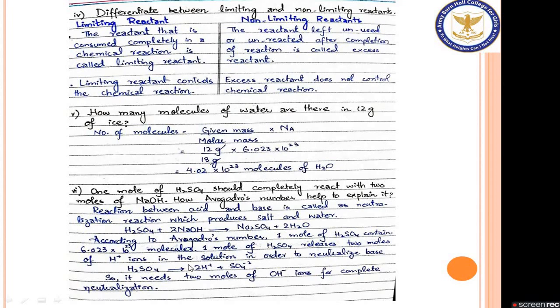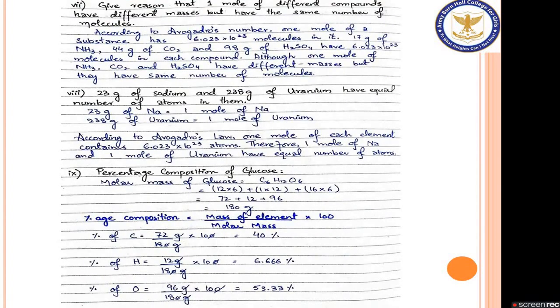So in order to neutralize these 2 hydrogen ions, we need 2 hydroxyl ions from the base. So 2 moles of sodium hydroxide must be in the reaction for the complete neutralization of these 2 hydrogen ions.